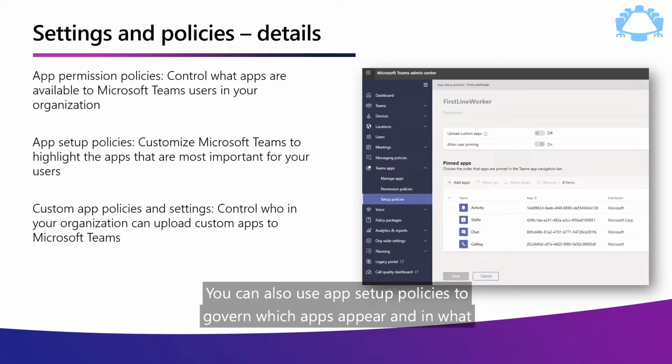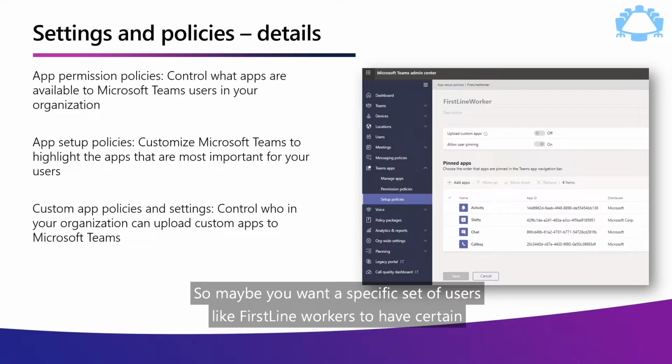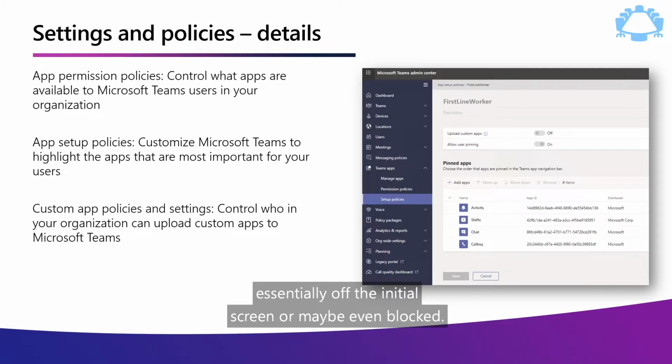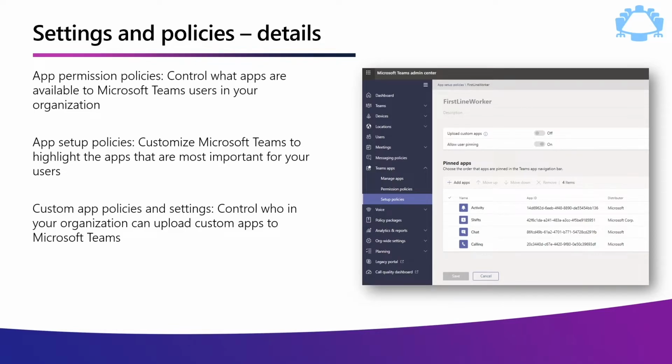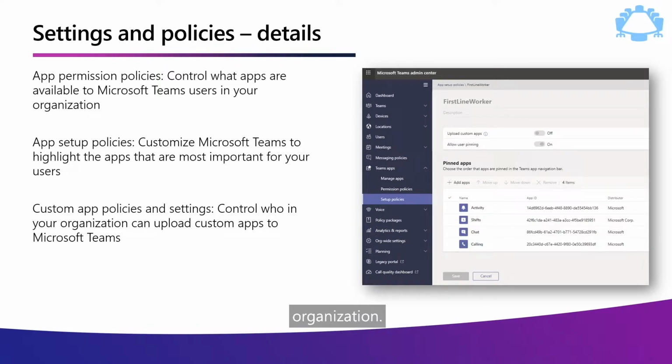You can also use app setup policies to govern which apps appear and in what order for which users. So maybe you want a specific set of users, like first-line workers, to have certain features prominently displayed and the rest either below the fold, essentially off the initial screen, or maybe even blocked. You can also set policies on who can upload custom applications within your organization.